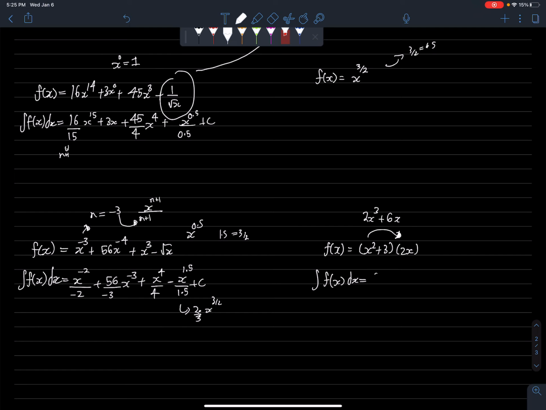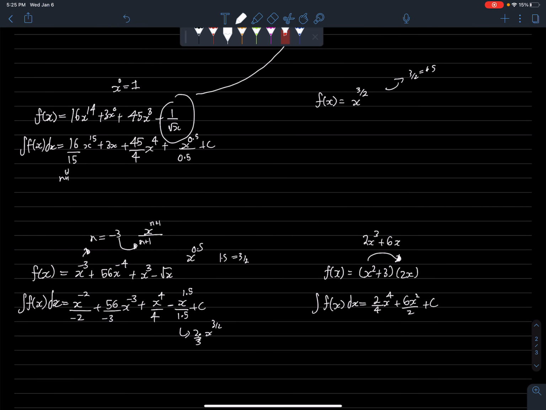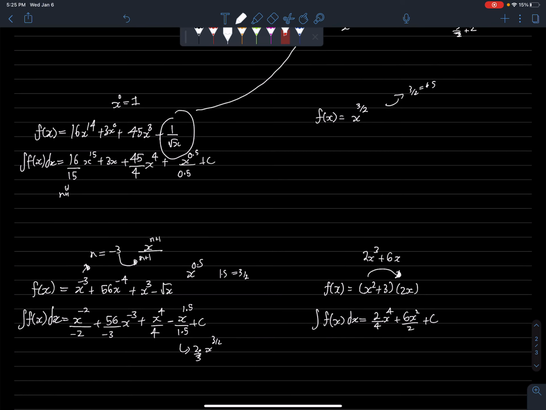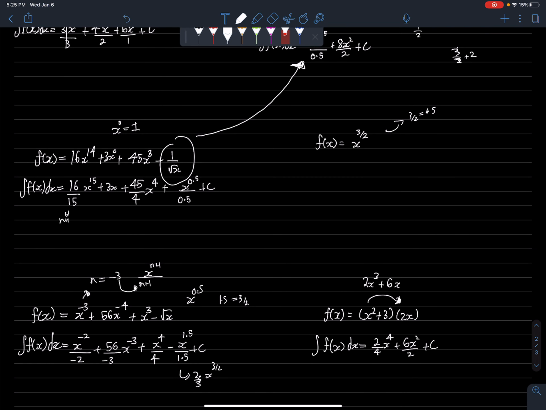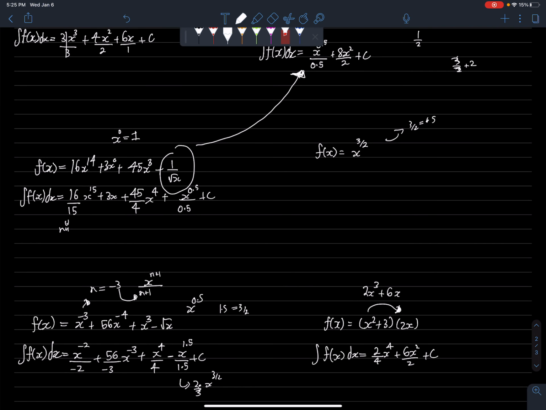That's just going to be 2 over 4 x to the 4 plus 6x squared over 2 plus c, right? Let's double check that actually. 2x cubed, yeah, 2 over 4, yeah. Very nice, okay.